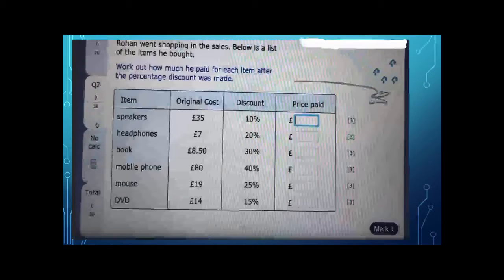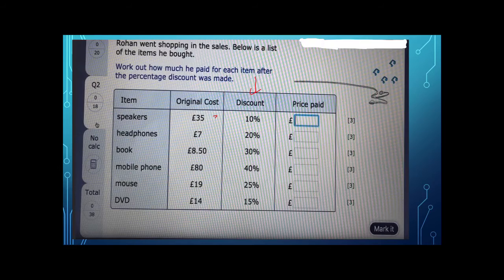Okay, these are all percentages that we can work out without a calculator. So 10% of 35. So 10% of 35 is £3.50. So that's how much is being taken off. Now we can think of this as a diagram.